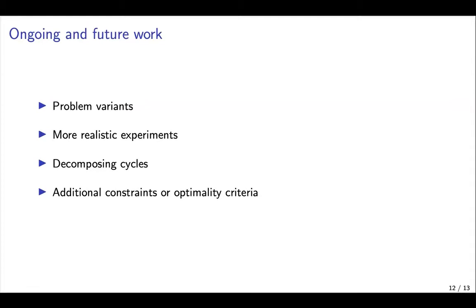And then finally, as we saw in our accuracy tables, as K gets large, even when we use an exact solver, we still don't get the correct answer all the time, because we can't differentiate between multiple optimal solutions. So to increase accuracy, we're going to need to add more information using additional constraints or additional optimality criteria.